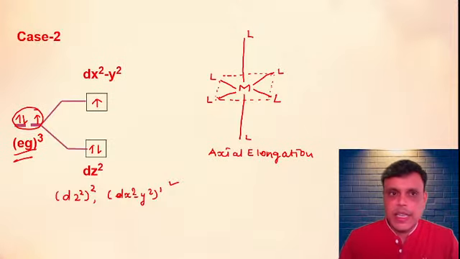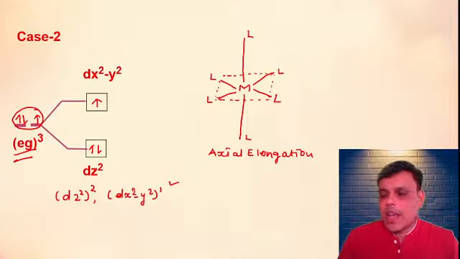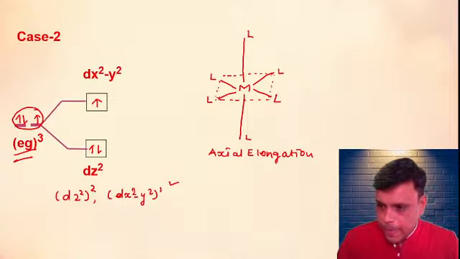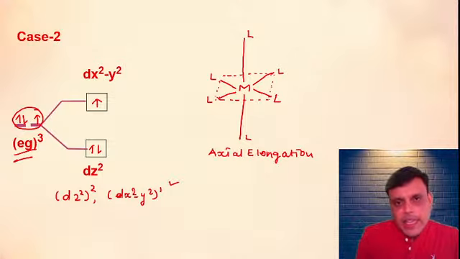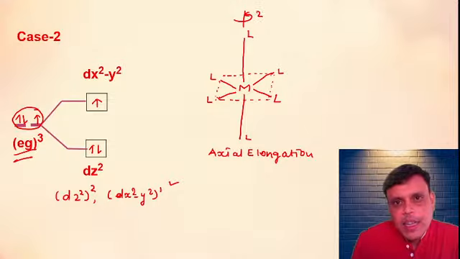When axial elongation takes place, when dz square have more electrons. dz square में इलेक्ट्रॉन्स क्या है? ज्यादा है. तो ये z एक्सिस है, आप लोगों को पता है, मैंने बोल दिया था. इधर है, ये z एक्सिस है.